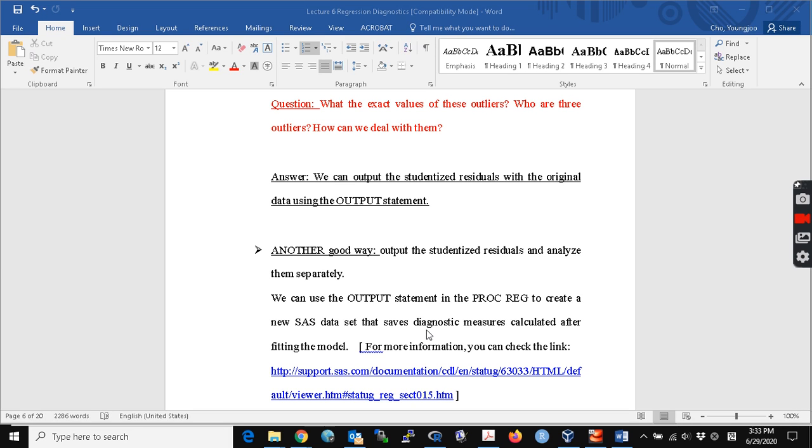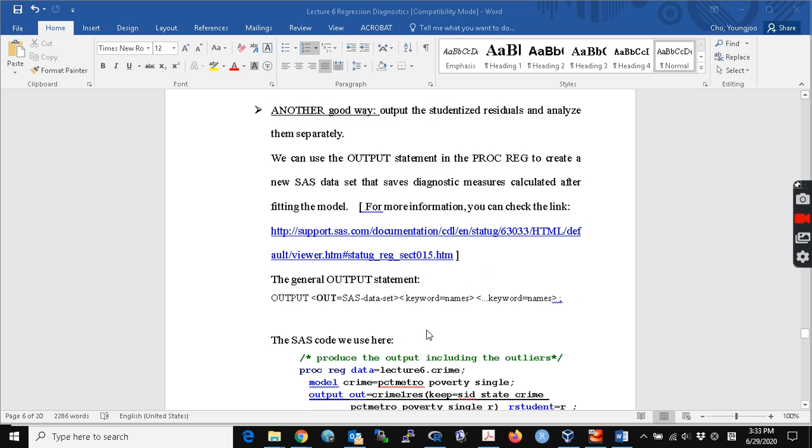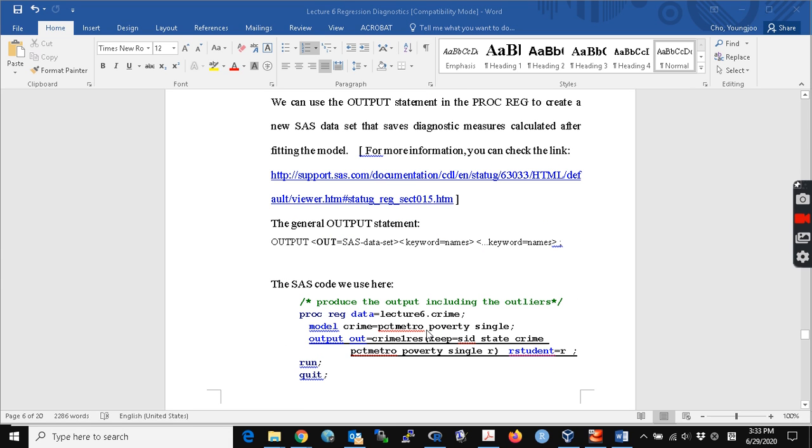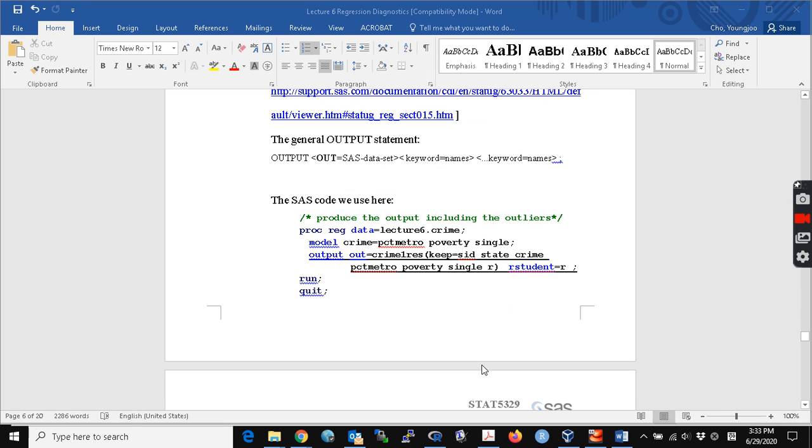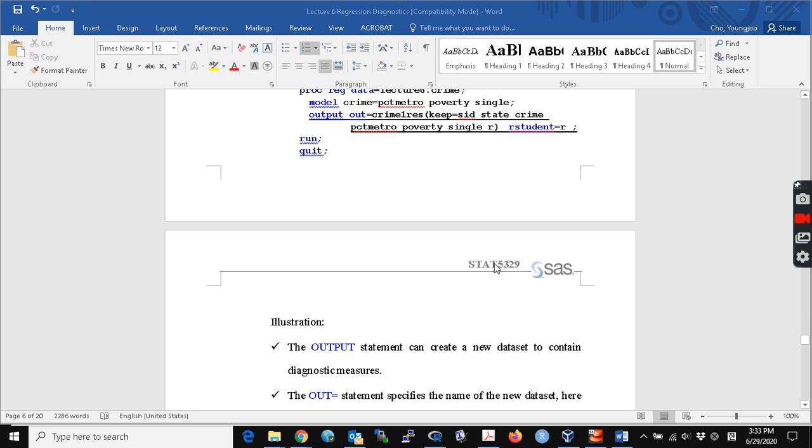We can use the output statement to get the information of the fitted model and the diagnostic information. I set the name of the output data set as crime1res. We keep ID, state, crime, pct, metro, property, single, and r. RStudent returns the studentized residuals, and we name it r.